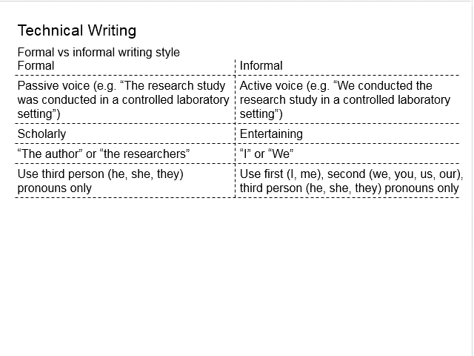Therefore, in the case that you need to specify who is doing what, you will use the third person, such as the authors or the researcher. As it is more formal, while I or we are more informal, you should try your best to avoid those.